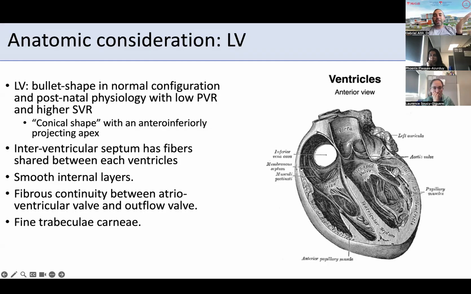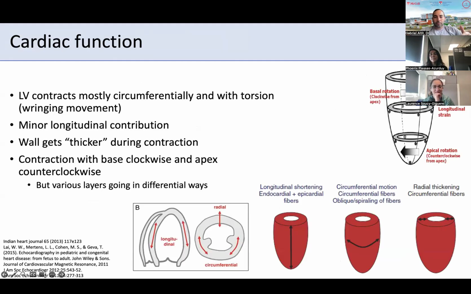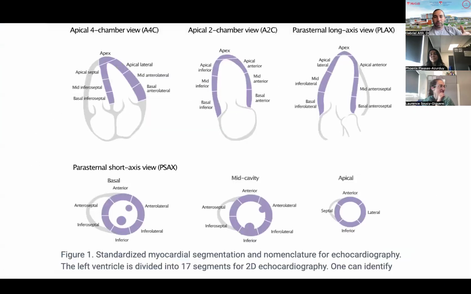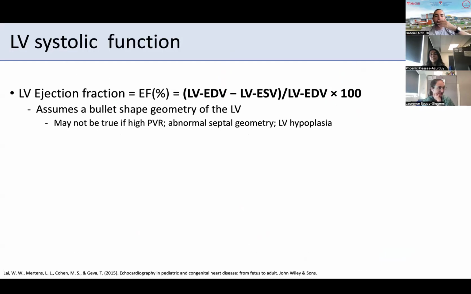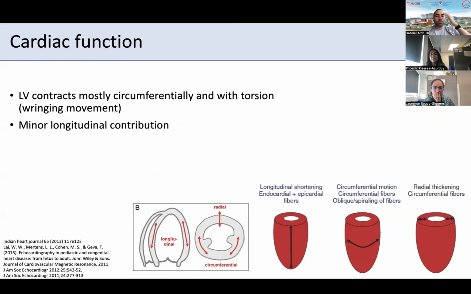The LV has more of a conical or bullet shape. It has continuity between the aorta and what we call the bicuspid valve or mitral valve. We call this a mitral valve because it resembles the hat of the popes.